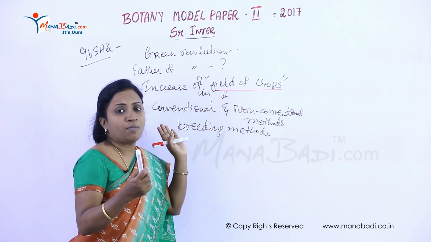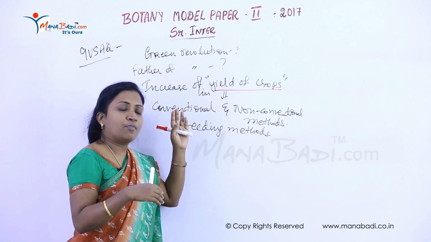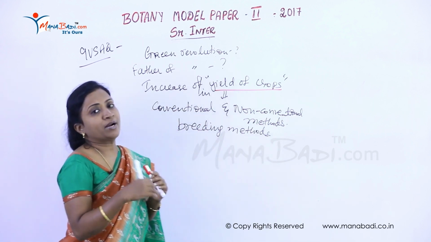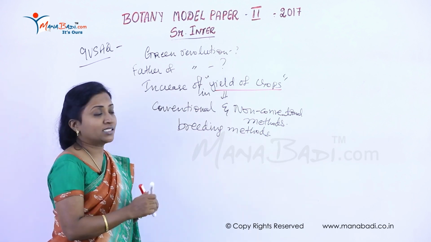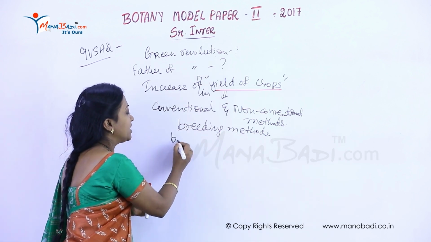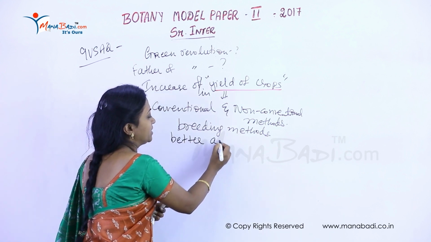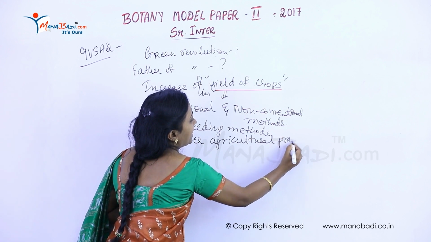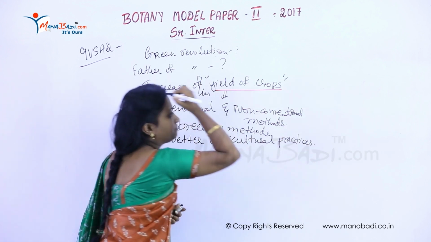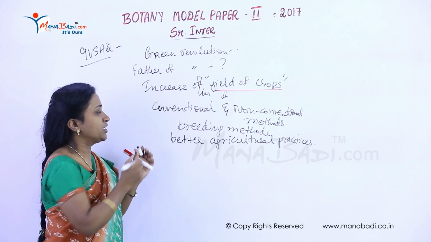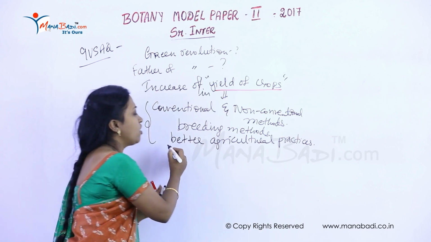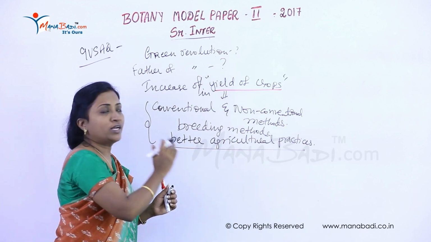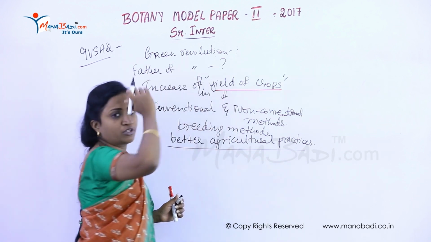It can be increased by both conventional as well as non-conventional methods of plant breeding techniques, as well as better agricultural practices. These are all implemented only to increase the yield of the crops.